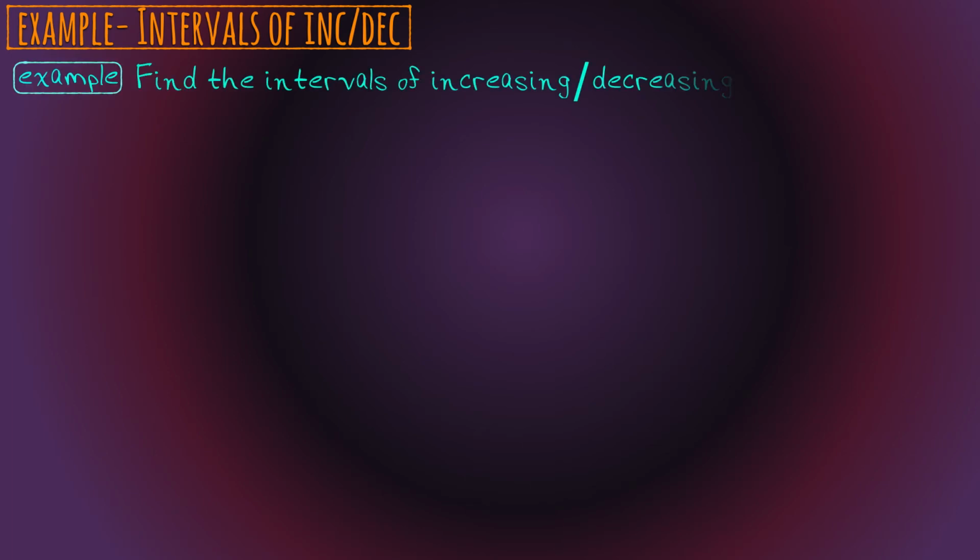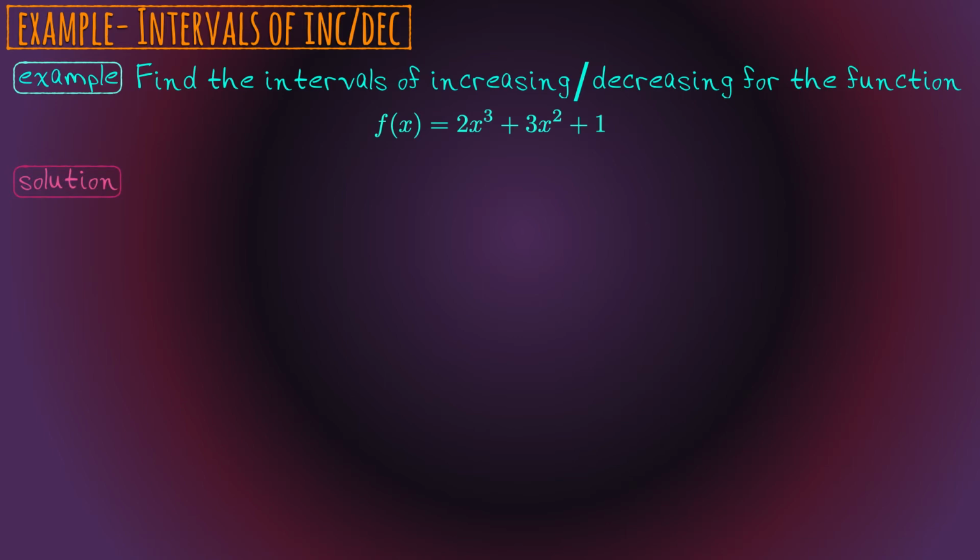So if we want to find the intervals of increasing, decreasing for this function, we need to figure out where the derivative is going to be 0. And then in between those critical numbers that we find, it's going to either be increasing or decreasing, one or the other. So we get 6x squared plus 6x.